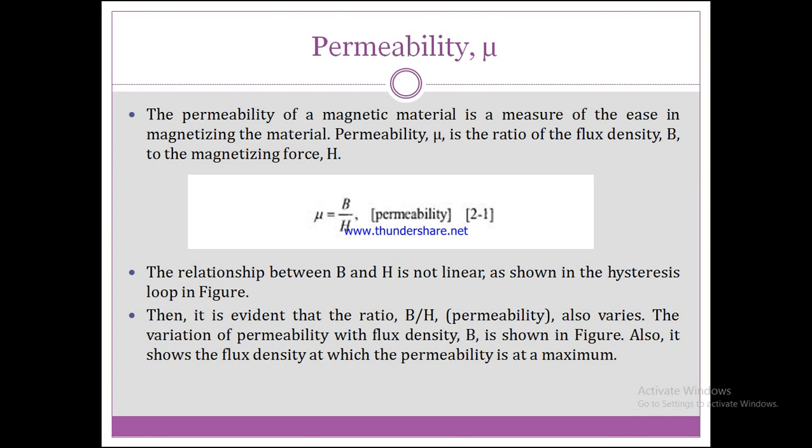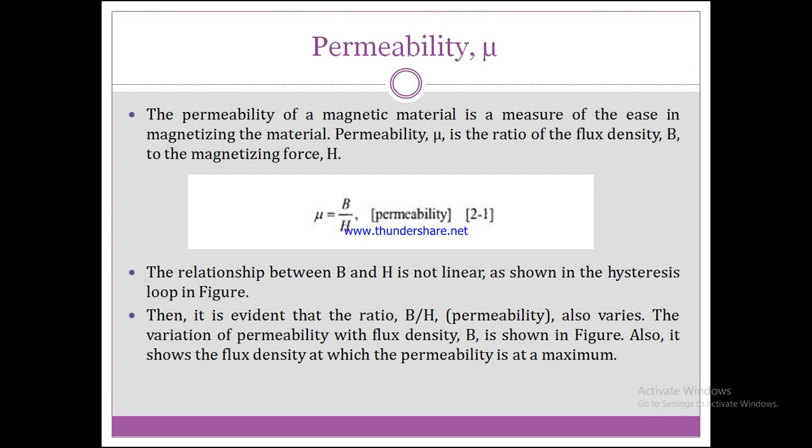The permeability mu is the ratio of flux density B to the magnetizing force H. Mu is equal to B upon H. That is the permeability of the material.